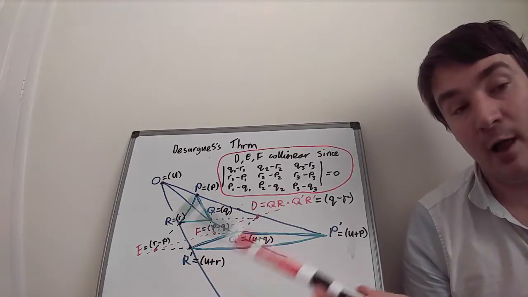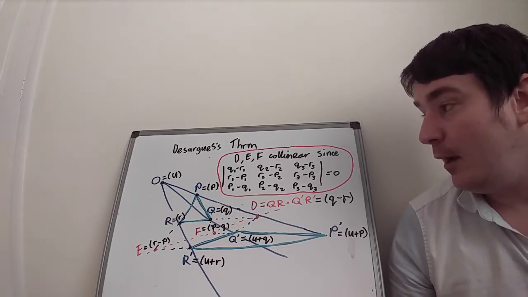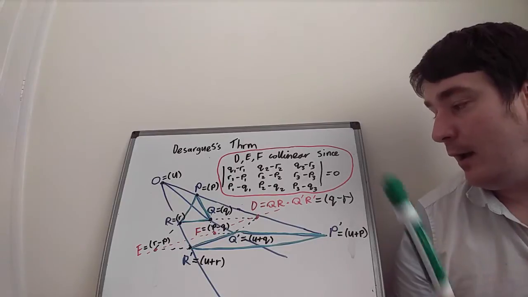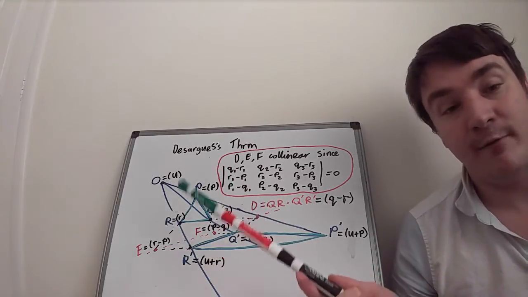They're all lying on the same line. So how do we show this? Well, it's basically all here, but I need to talk you through the order of how we define these things.